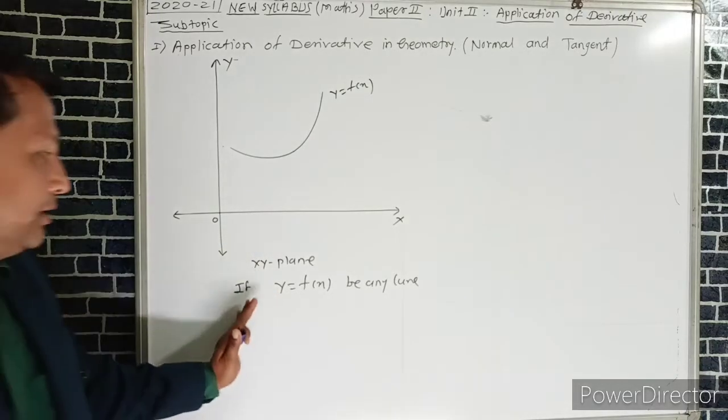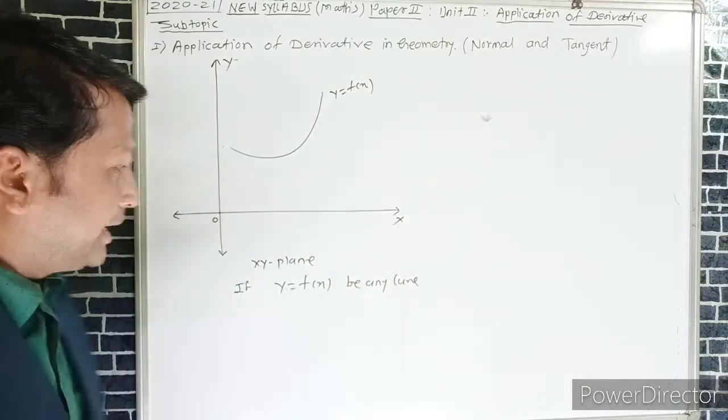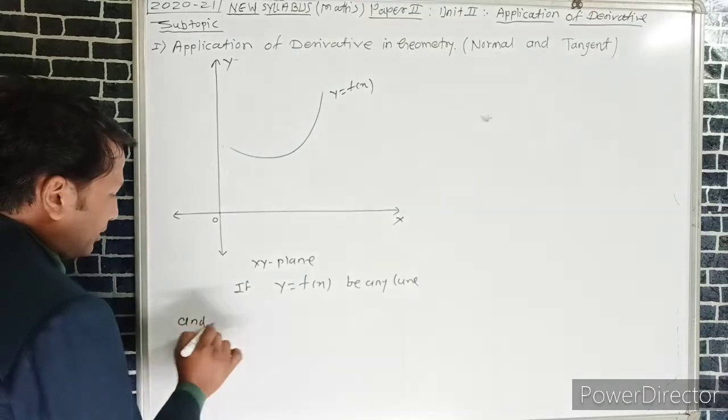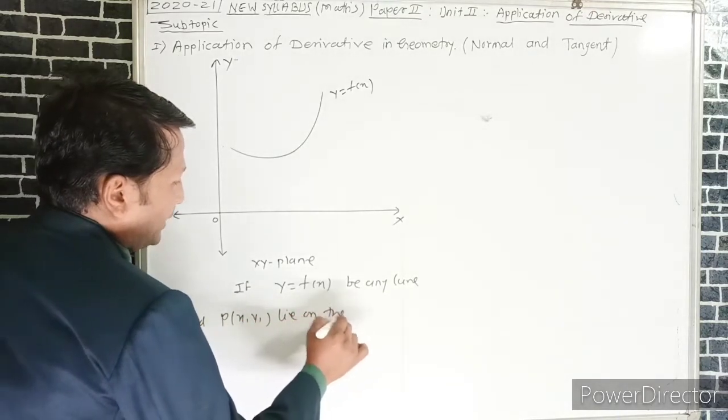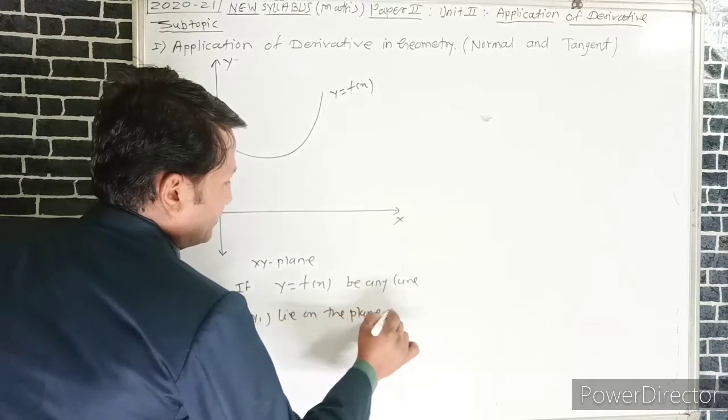In an xy plane, if y equals f of x is any curve and point P (x1, y1) lies on the plane xy.